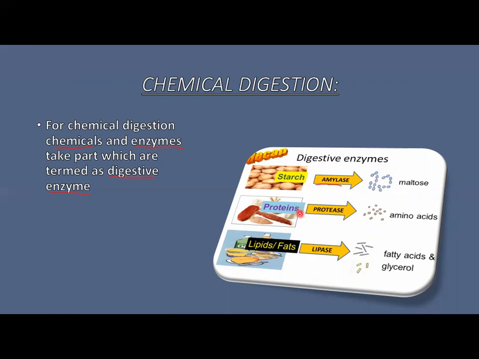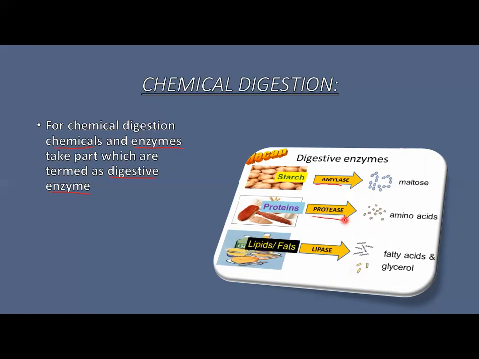If you want to break down proteins into a simpler form, the simpler form of protein is amino acids. The enzyme involved in breaking down proteins into amino acids is called protease.